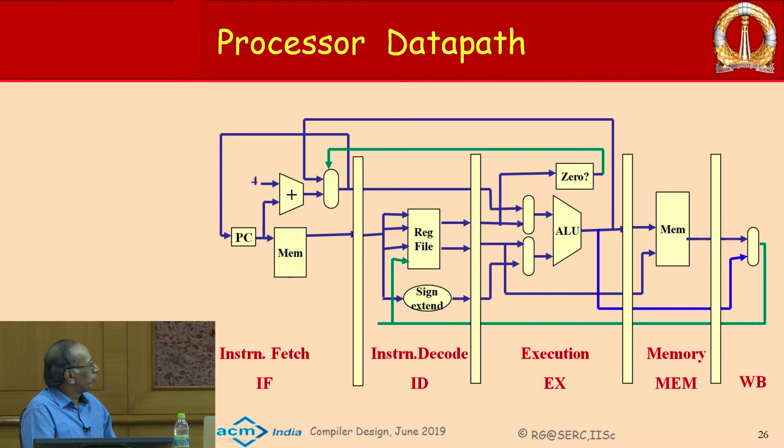So the value of the next PC which is available over here and the value of the immediate constant which is available over there can be added, and that value can be passed on over there, and that can be stored into your PC if the condition is true, correct.